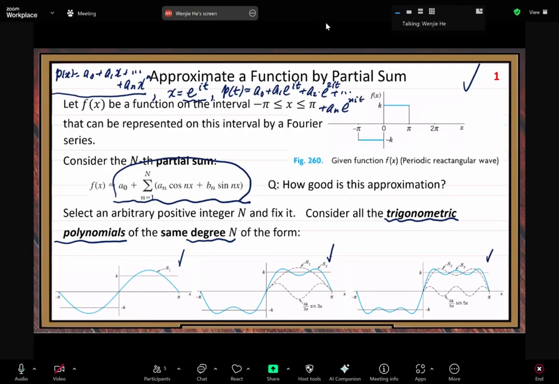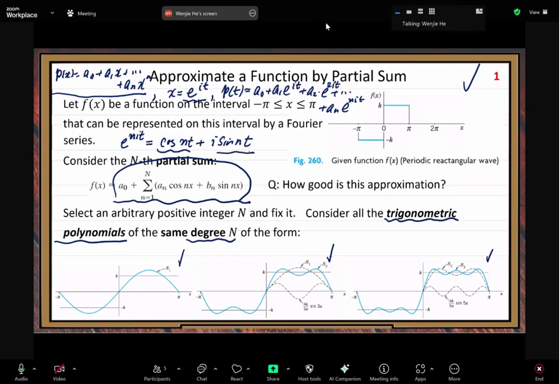Then by Euler formula, so you know Euler formula, right? The e function, e to the nit, equals cosine of nt plus i times sine nt. So you have the cosine and the sine.